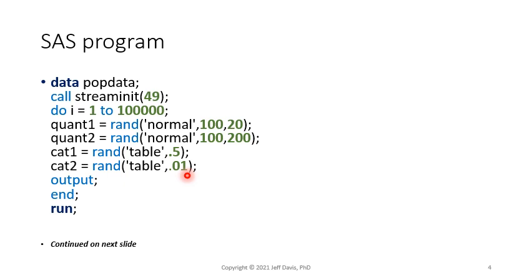So we'll see what it does here, but that's something else that you want to keep in mind. Up here for quantitative variable 2, you want to remember a large standard deviation, large relative to the mean.